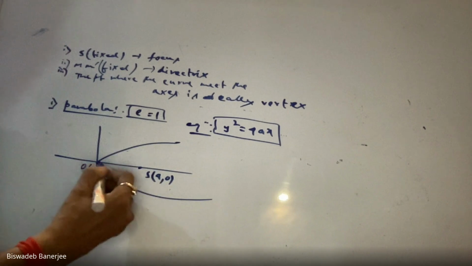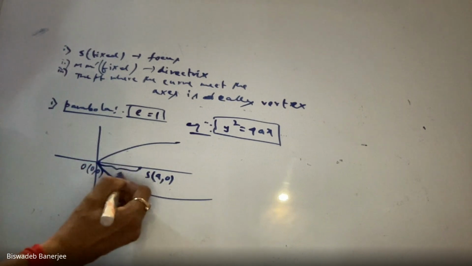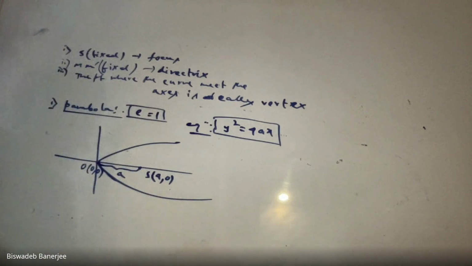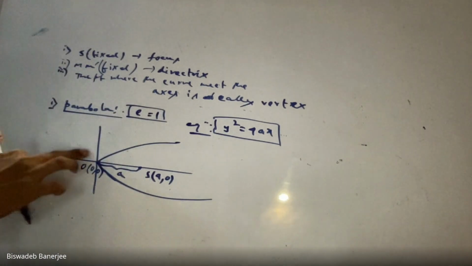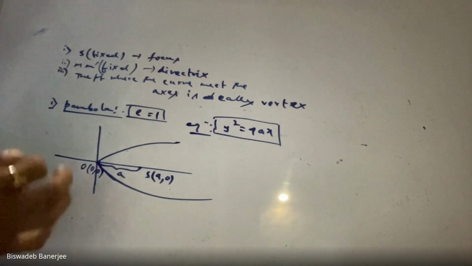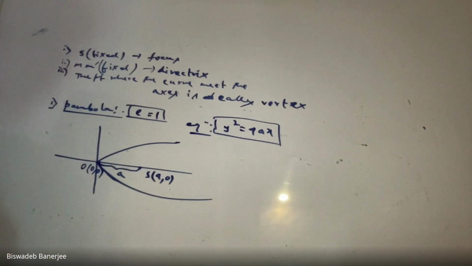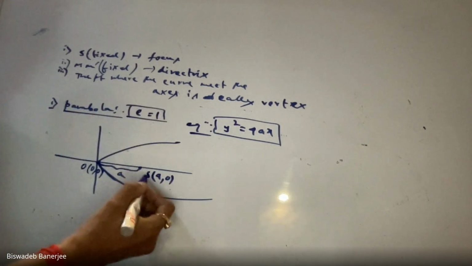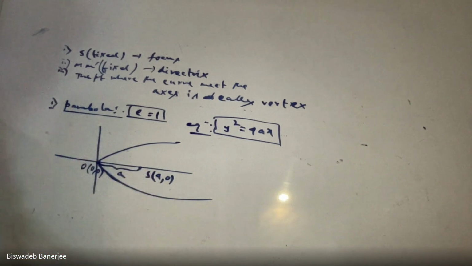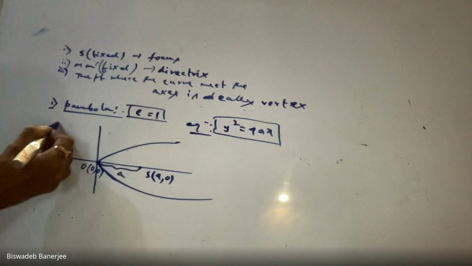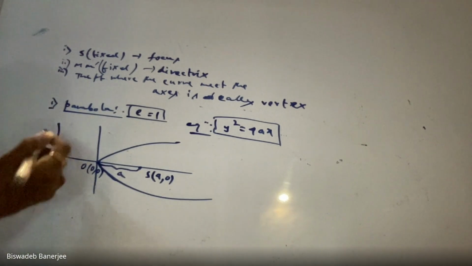Suppose this distance is a, a standard notation: from origin to S, the distance is some a. If so, then the coordinate of S is a comma 0, and this is my focus. And the directrix, this dash line.